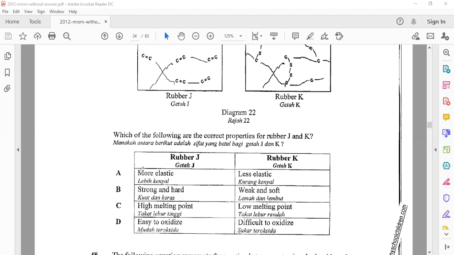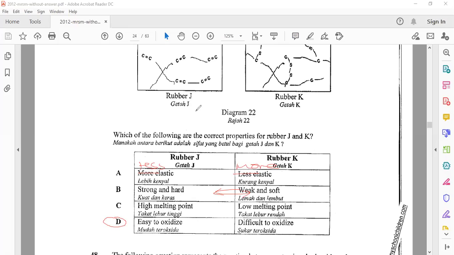This one should be less elastic, and this one should be more elastic. Now, rubber J is weak and soft. This one should come there and this one should go here, oppositely put. Now, rubber J, which is unvulcanized, has a low melting point. This one has a higher melting point. Now, D is your answer.